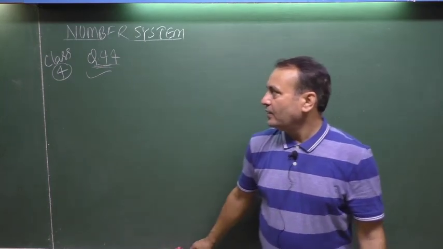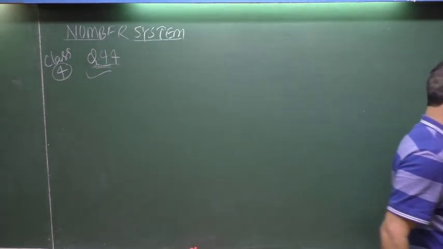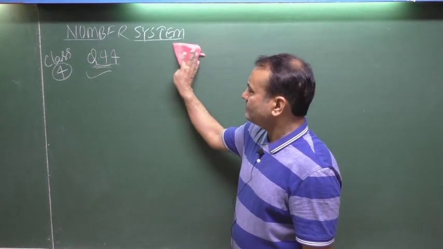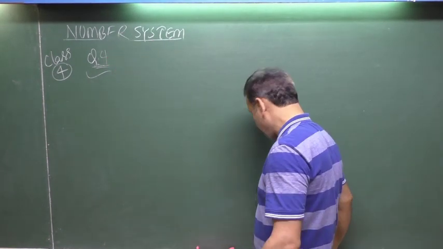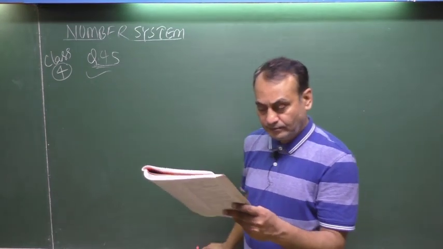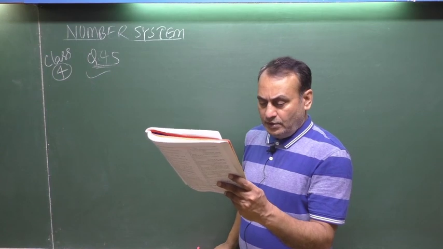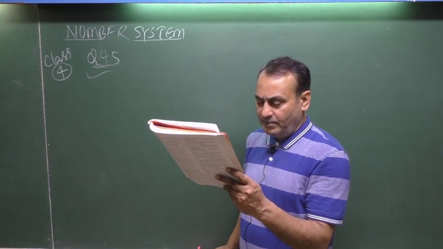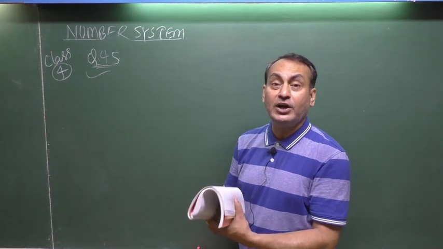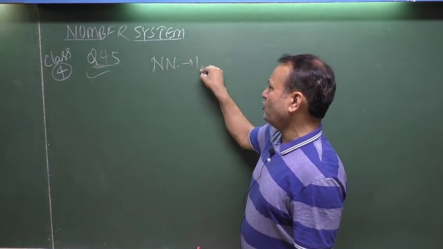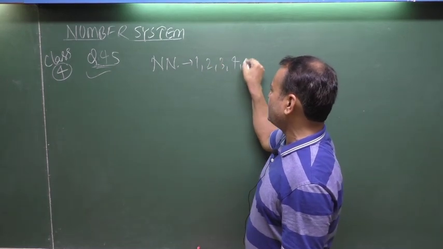Okay. Now come to question number 45. See here. The product of 2 consecutive natural numbers is 992. What is the smaller number? Firstly, natural numbers are 1, 2, 3, 4, 5 onwards.